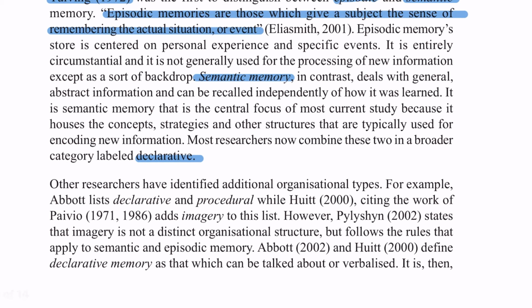Then there is another type of memory that we also discussed in the last few lectures, and I'm just briefly telling you, this is procedural memory.